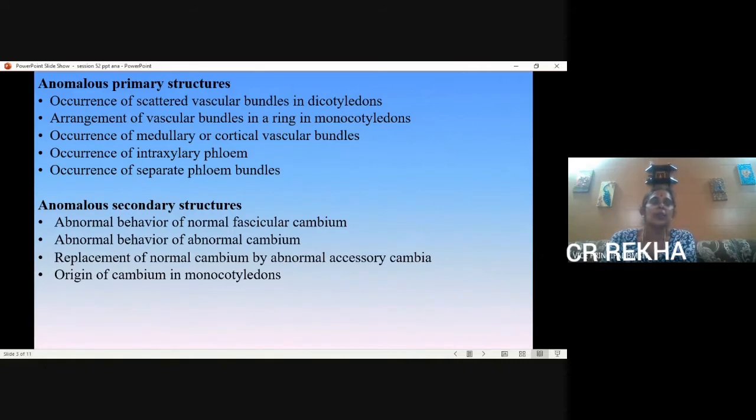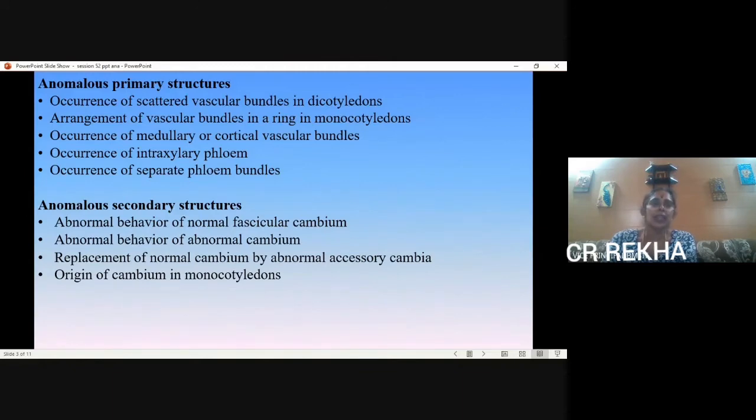So what are the primary structures responsible for anomaly? Firstly, occurrence of scattered vascular bundles in dicotyledons, arrangement of vascular bundles in a ring in monocotyledons, occurrence of medullary or cortical vascular bundles, occurrence of intraxylary phloem, occurrence of separate phloem bundles.